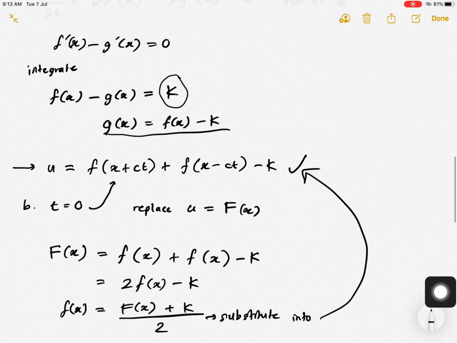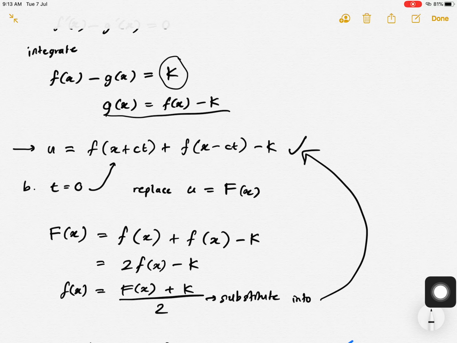Okay, just follow this cursor so that you understand where I'm pointing right now. So when we consider the second boundary condition, when time is 0, which is the initial, we consider the initial displacement.